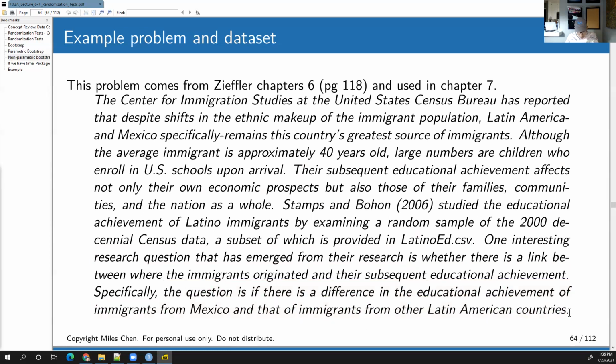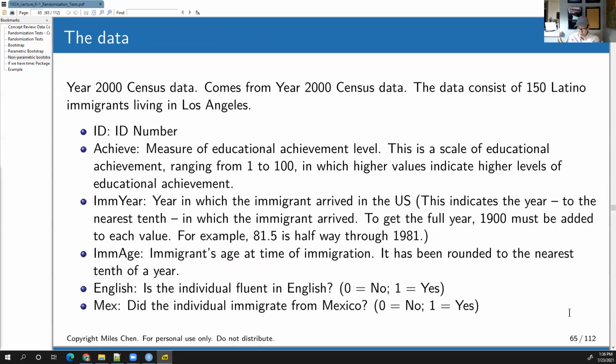So we have immigrants from Mexico. We also have immigrants from other Latin American countries, whether that be Nicaragua, Costa Rica, Honduras, or even from South America, Latin American countries, Venezuela, Colombia, and things like that.